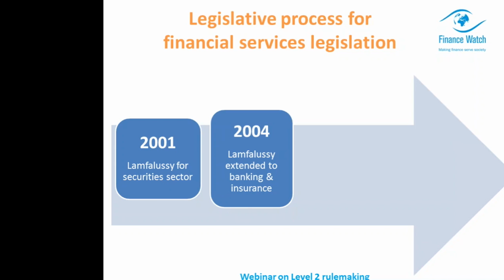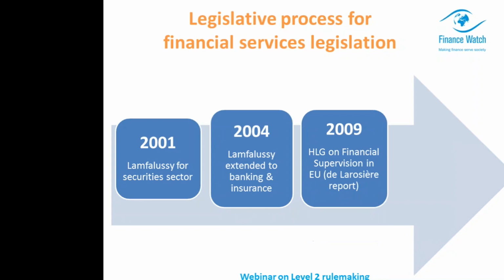Therefore, in 2009, the final report on financial supervision in the EU, prepared by the high-level expert group chaired by Mr. de Larosière, gave certain recommendations to the Commission on the creation of financial supervision in the EU.